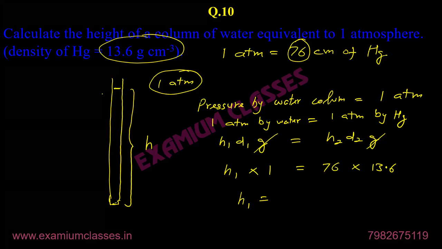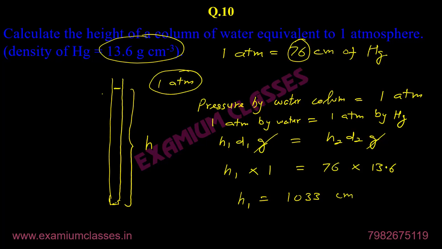Calculate the value, 760, 76, 3s are 210, 18, 28, 33, it should be around 1033 approximately.